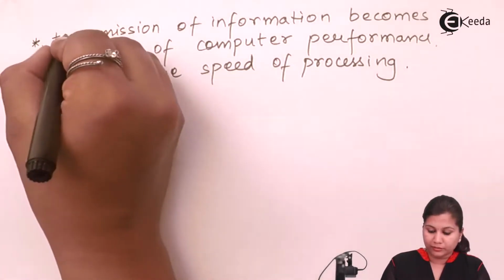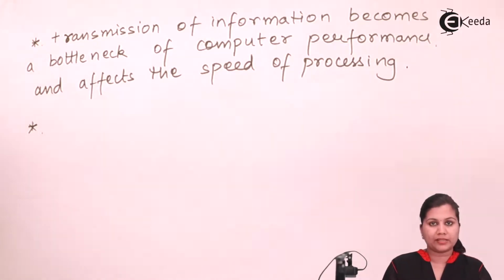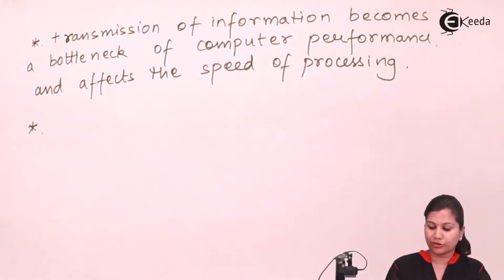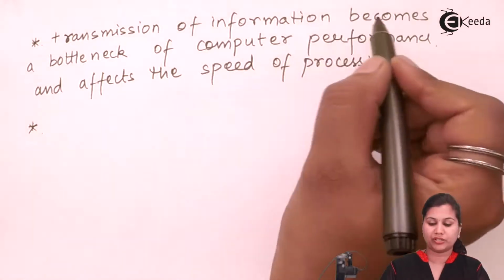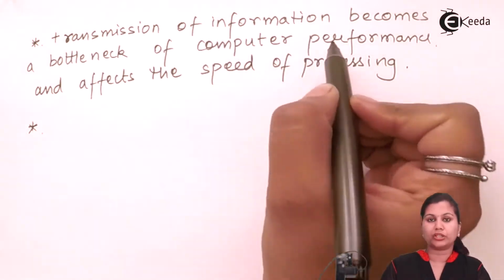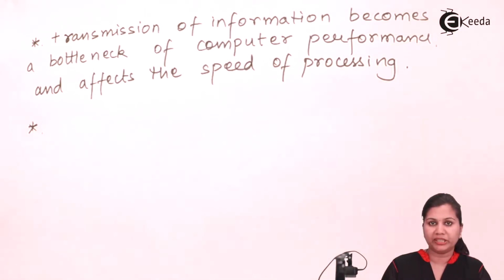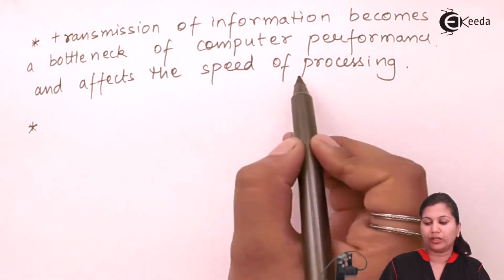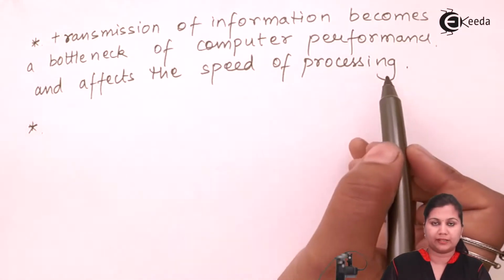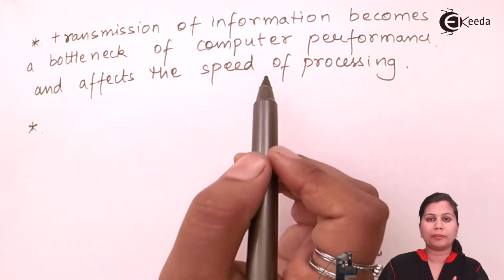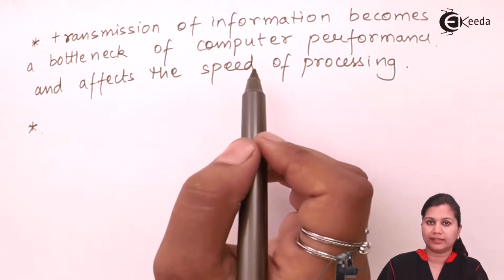Because the same bus has to be used for data and instruction, the transmission of information becomes a bottleneck, the computer performance is going to be degraded, and it is also going to affect the speed of processing, because only one operation can be done at a time.